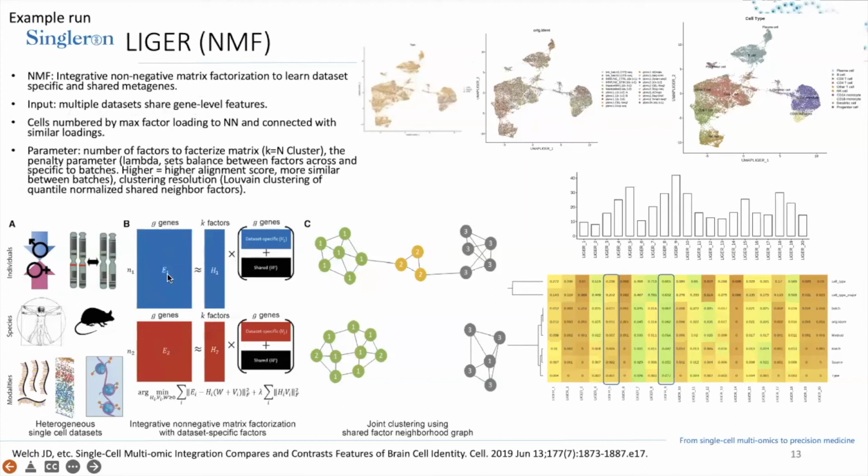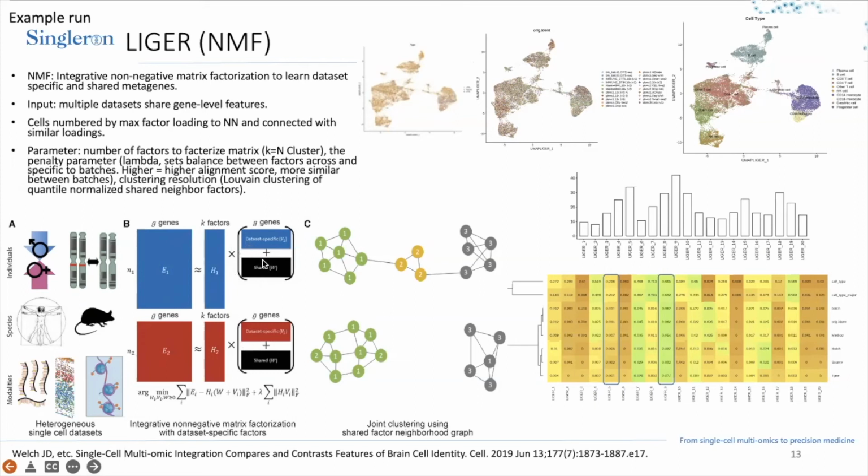By using the NMF, the blue color and the red color represent two different batches, and each of the batches is decomposed and fit by a shared factor matrix together, as well as data set specific embeddings.